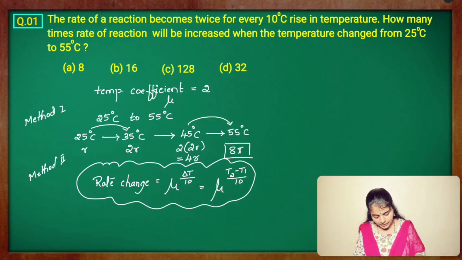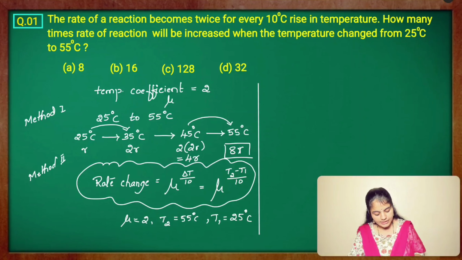Quickly applying this. So here the value of mu that's given, it is the temperature coefficient. So it is 2. T2 is the temperature to which the reaction has been raised at the end. It is 55 degrees centigrade. T1 is 25 degrees centigrade.